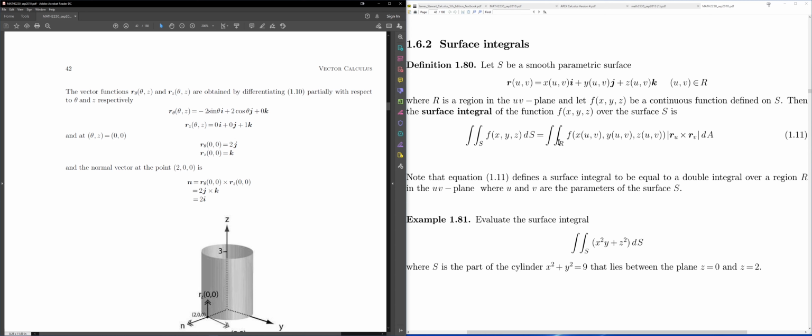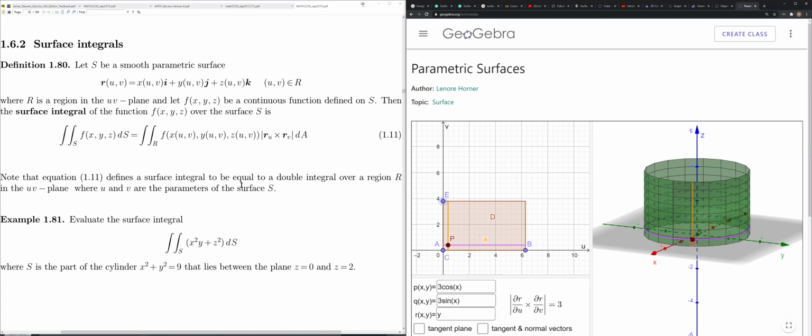Then notice this is an integral over R, so it's an integral over your parameter space. Remember, for a parametric surface you have a parameter space for your region.